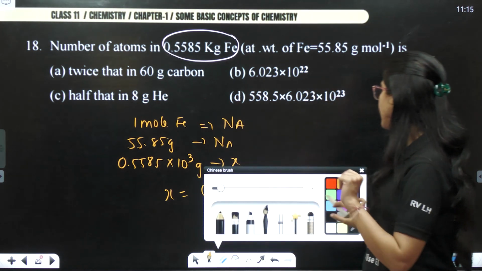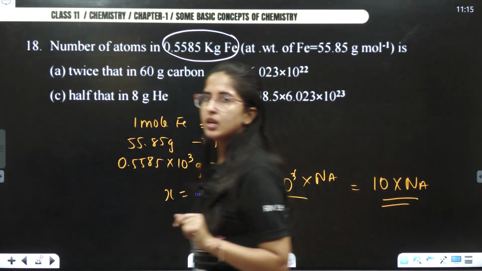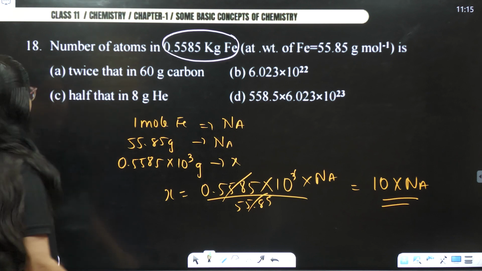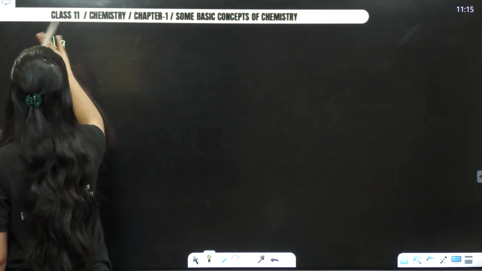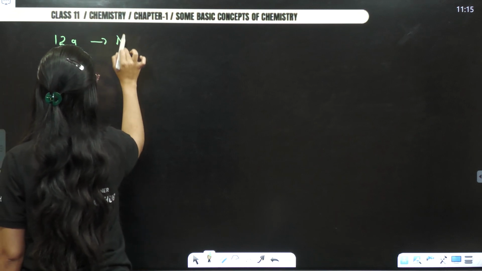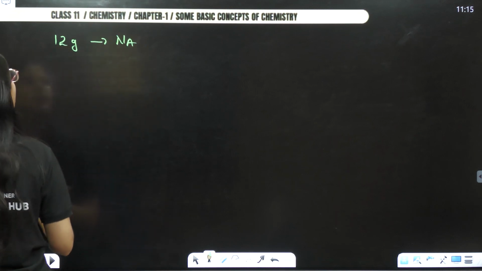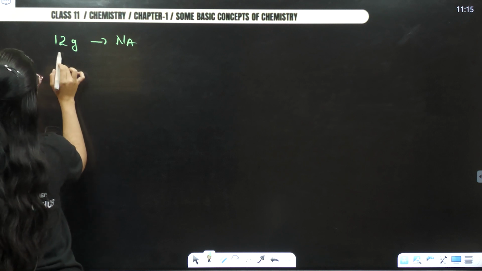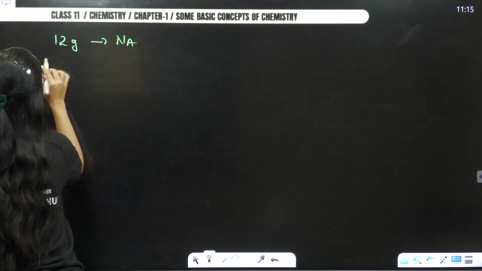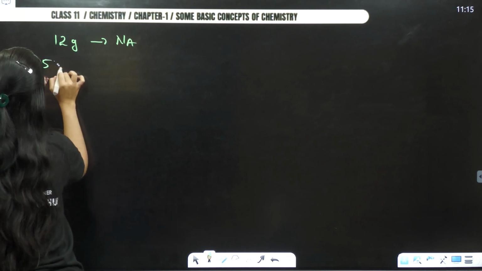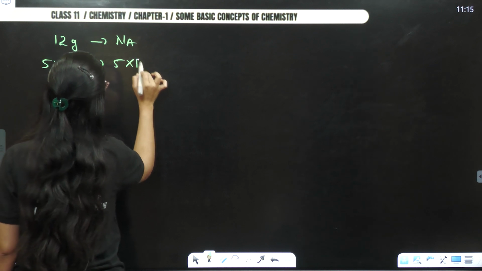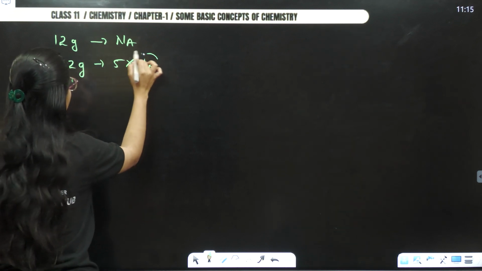Now the option given here is a little bit twisted. See, twice that in 60 grams of carbon. So 1 mole of carbon is 12 grams. 12 grams of carbon will have Avogadro's number of atoms. Now 60 grams of carbon is nothing but 5 into 12 grams of carbon, so 5 into Na atoms, correct?